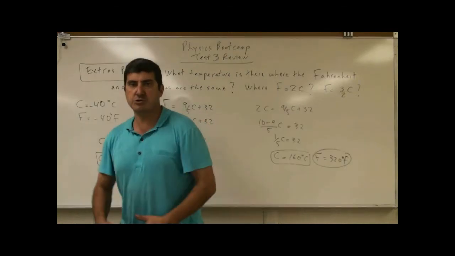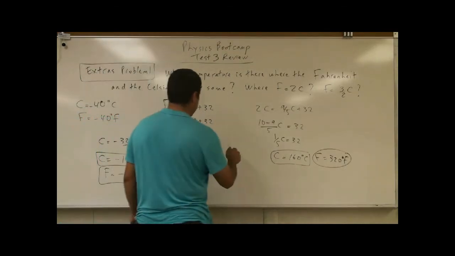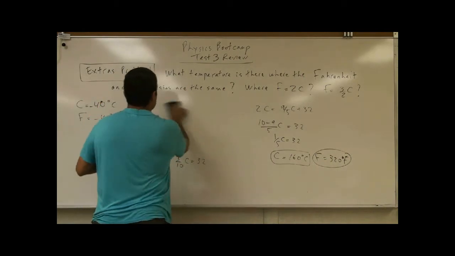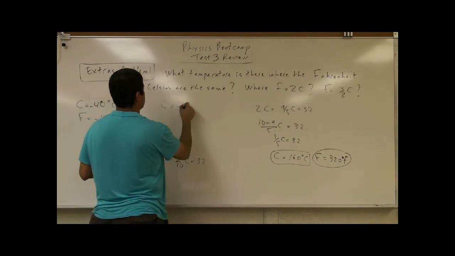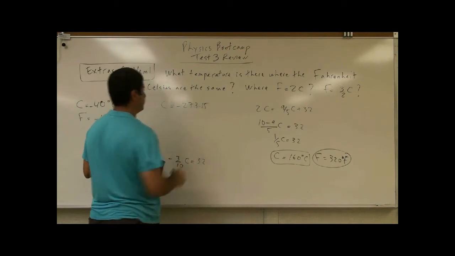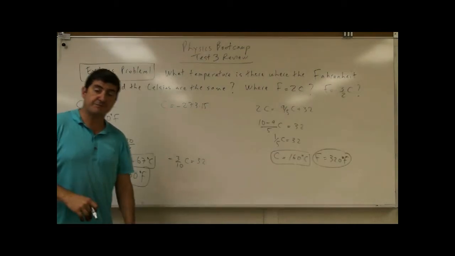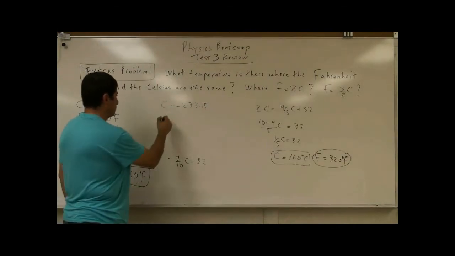Well, how low can you go? You can go to absolute zero. What is absolute zero? Celsius is negative 273.15. That's as low as you can go. What is going to be the corresponding Fahrenheit?